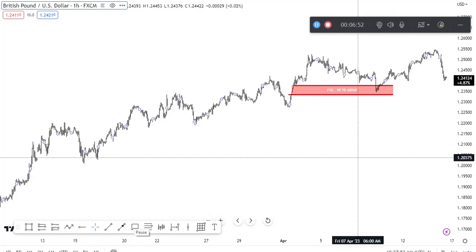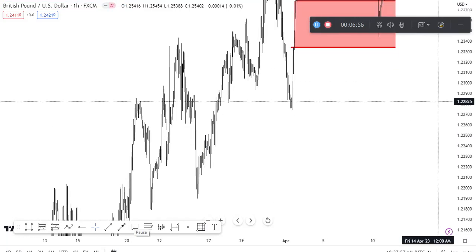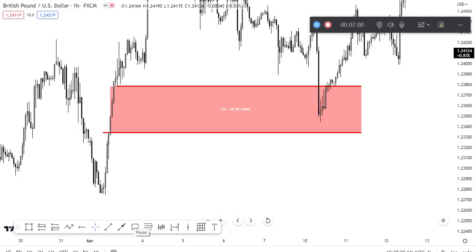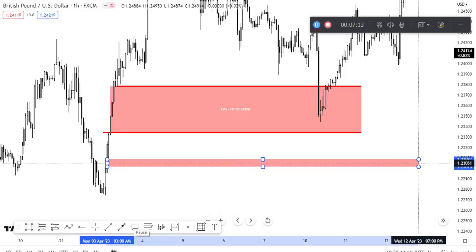Let's see if we can identify some form of structure on a higher time frame. Well, on the 1-hour, this fair value gap can also be refined into a smaller time frame to get the full fair value gap. For example, we've got multiple fair value gaps within the zone right here. The first one is this one right here.